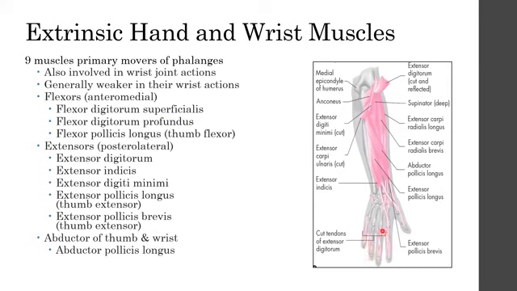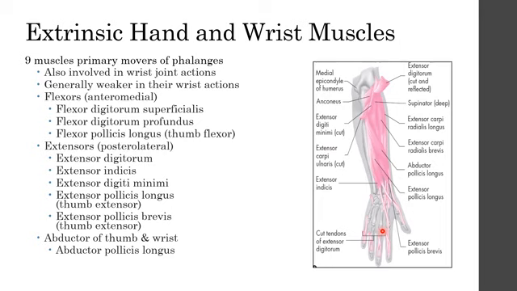All right. On the extensor side, we only have one extensor digitorum, and that will insert all the way on the distal interphalangeal joint. Another important note as far as the digitorum muscles are concerned is that they only act on digits 2 through 5.